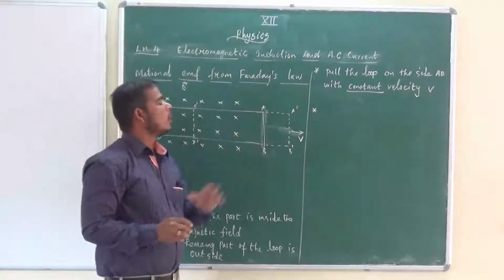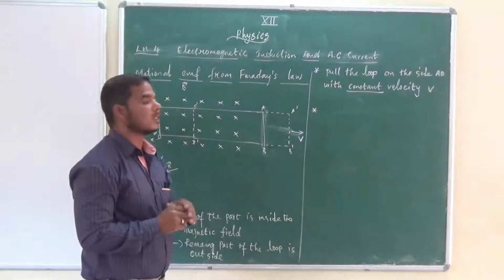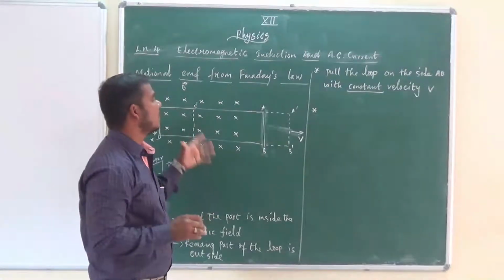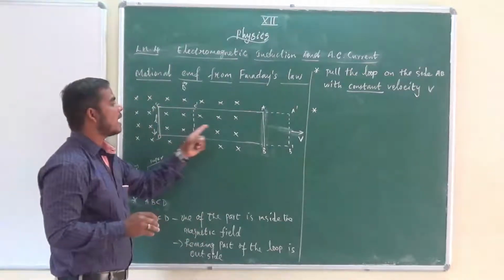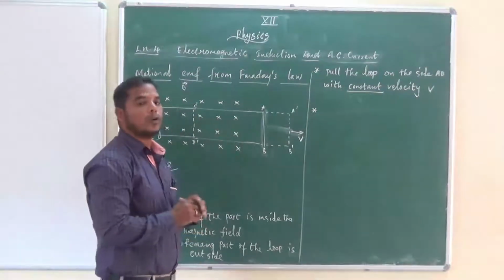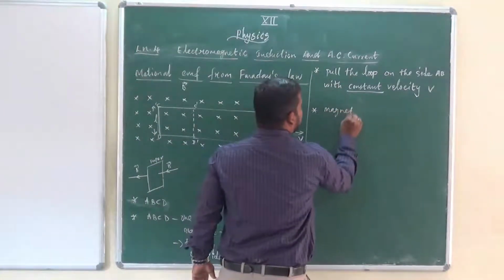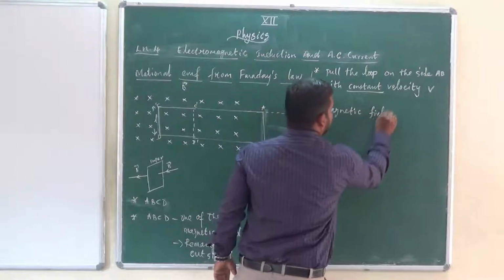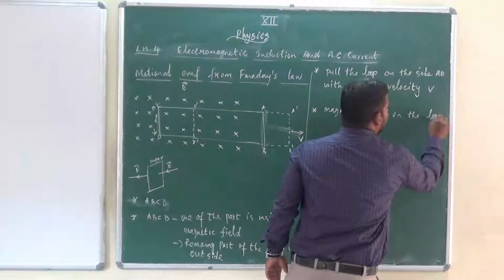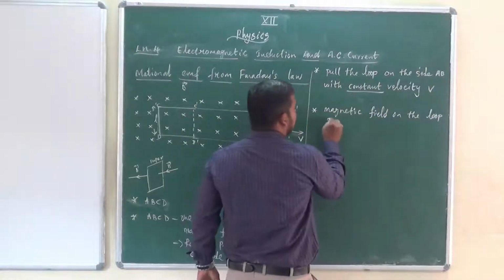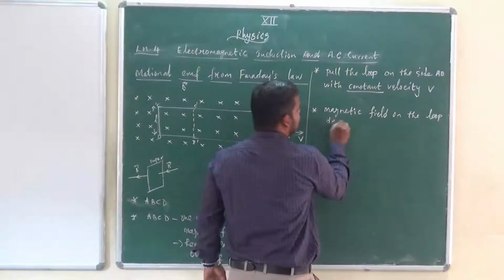Due to the pull, the rectangular loop has moved a certain distance, and the magnetic field on the loop decreases.